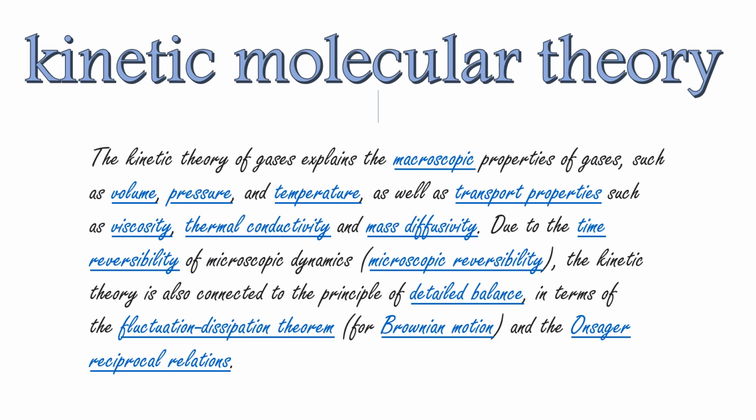Now, the kinetic molecular theory is a combination of some of the theories given by different scientists, in which it explains the macroscopic properties of gases such as volume, pressure, temperature, number of moles, as well as transport properties such as viscosity, thermal conductivity, mass diffusivity, and collisions due to the time reversibility of microscopic dynamics, also known as microscopic reversibility.